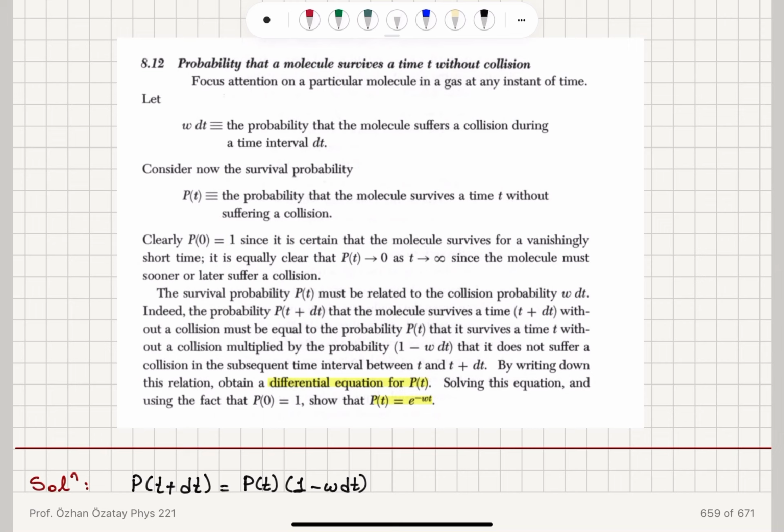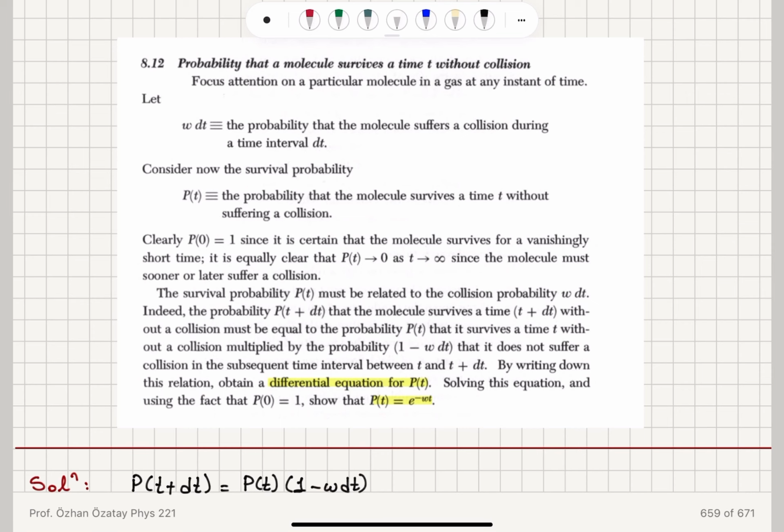This relationship is obtained by noting that the probability of not having a collision from t equals 0 to t plus dt is the probability of not having a collision up to time t multiplied by the probability of not having a collision in the time interval dt, which is 1 minus ω dt, where ω dt is the probability of having a collision.